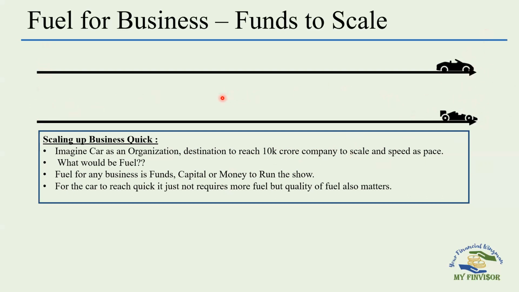That is when the share prices of any company build up, right? So what would be the fuel? Okay, obviously the fuel is to run the show, and for running a company, the first thing required is capital, that is money.